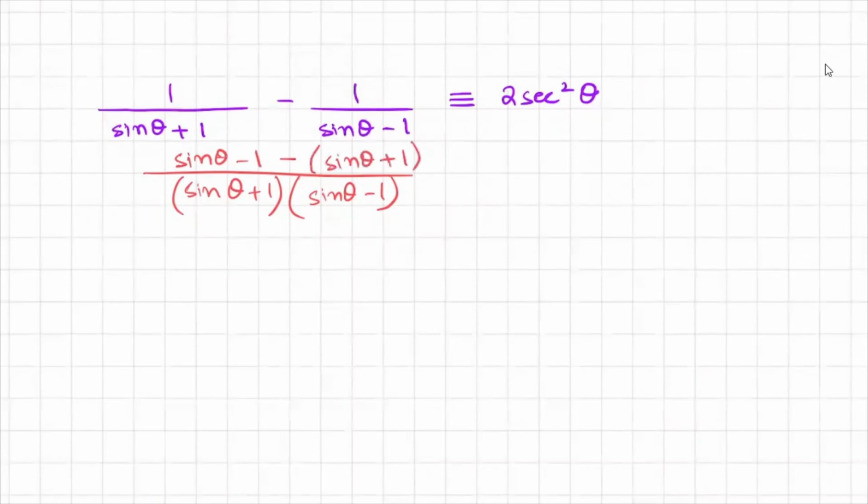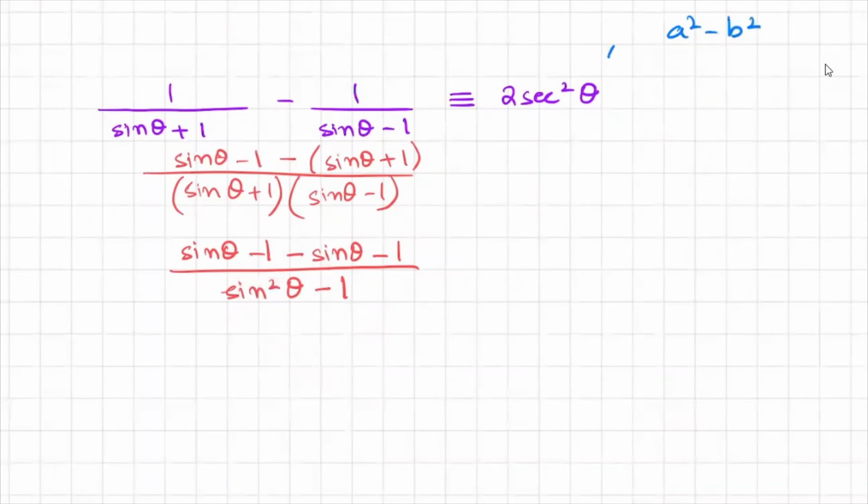Okay, now let's expand the bracket. This would be sine theta minus 1 minus sine theta minus 1 divided by sine square theta minus 1. How did I get this thing? So I used the identity, which is a square minus b square, which expands as a plus b, a minus b.